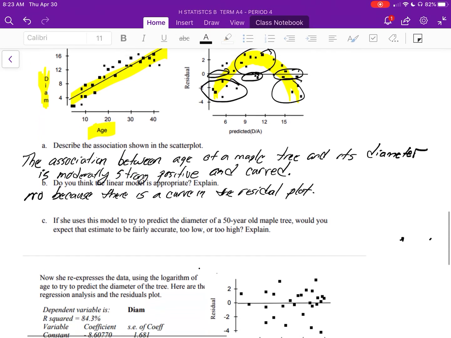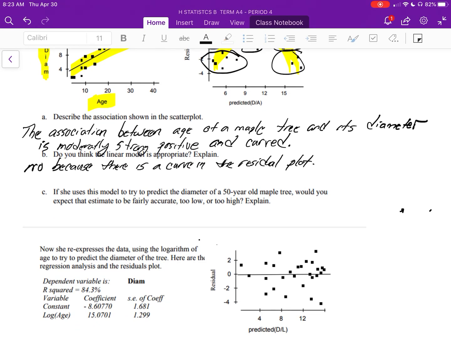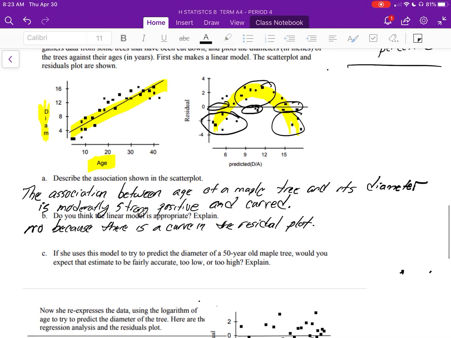The next part is, if she uses this model to try to predict the diameter of a 50-year-old maple tree, would you expect the estimate to be accurate? And again, as the model moves further, older trees tend to be overpredicted, right?